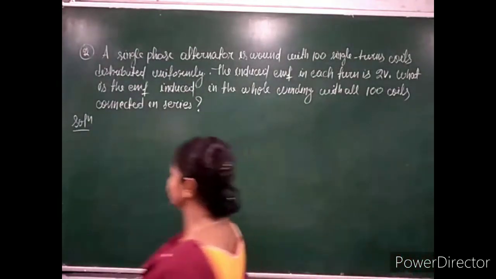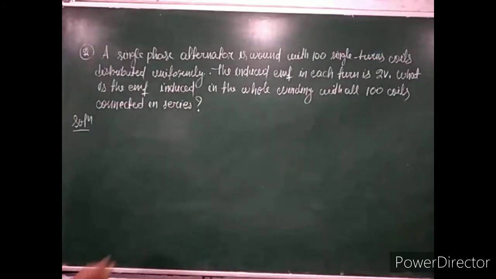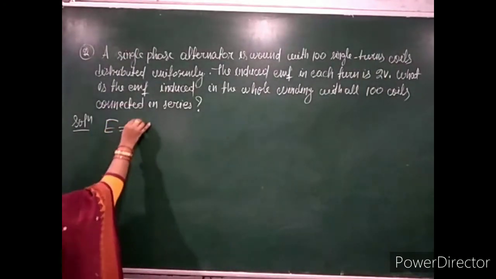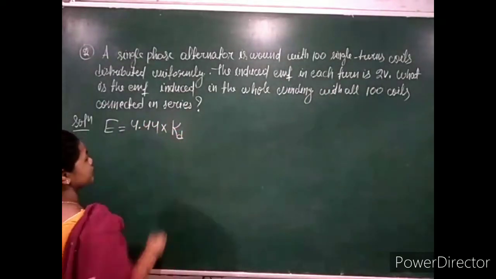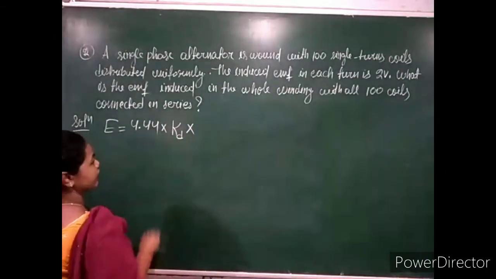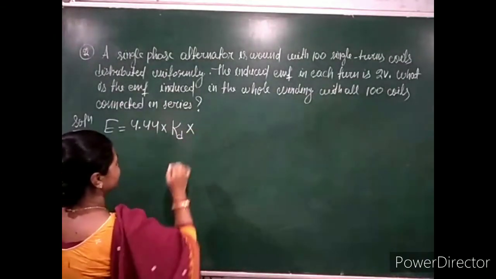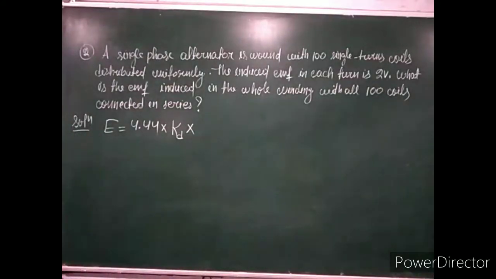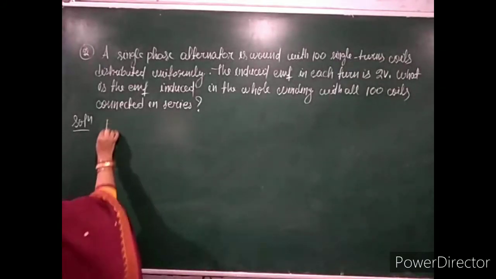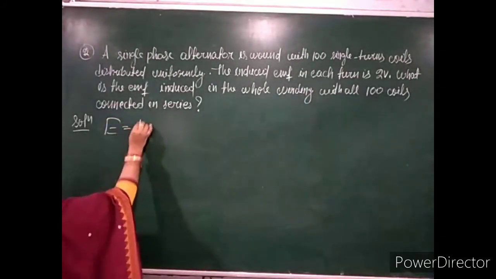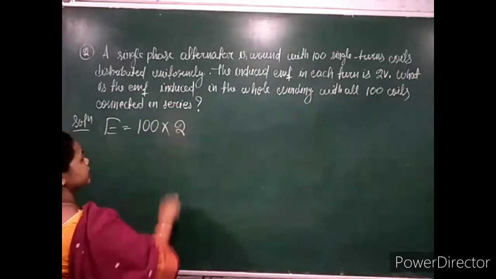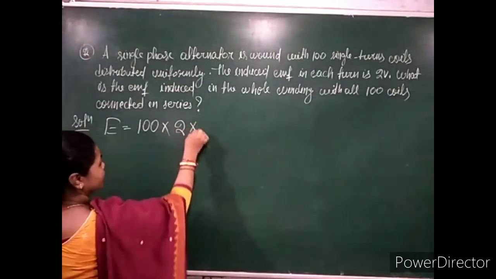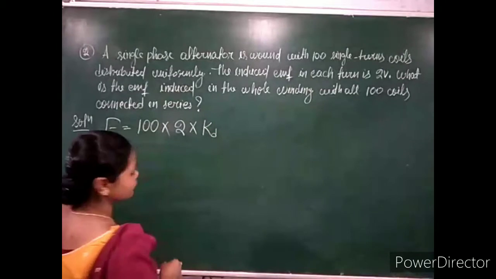So how do you proceed here? For finding generated EMF you use the formula 4.44 into distributed winding factor into number of turns into EMF generated per coil into distributed factor.